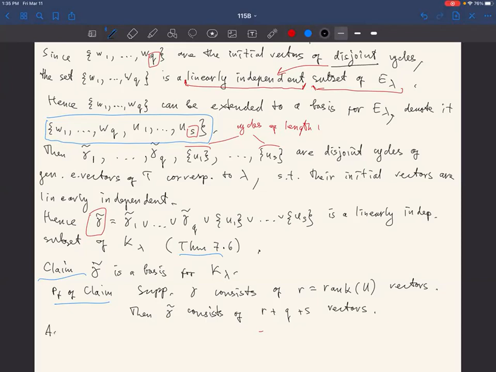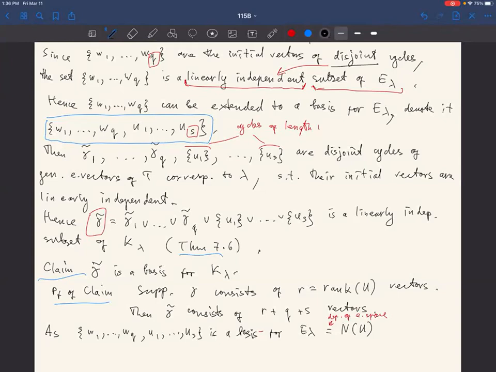Okay, and as we have, W1 through WQ, U1 through US is a basis of the eigenspace E lambda. This is by definition, right? But what is E lambda? E lambda is simply the null space of U, right? It's just the definition of eigenspace. So E lambda is literally the null space of U, and we have the range also.